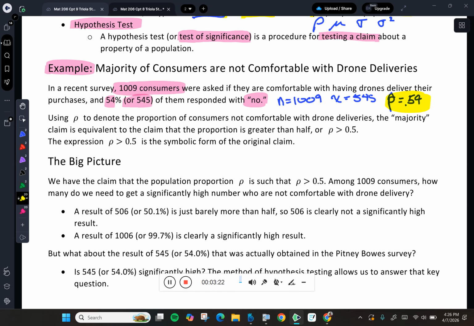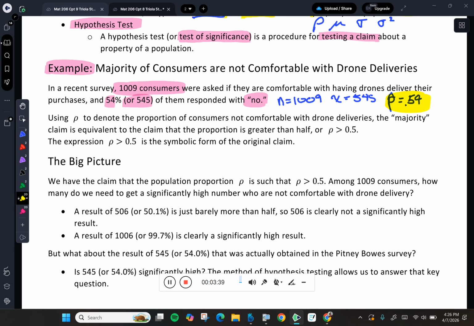But assuming that we did our sampling correctly, a simple random sample and all that business, the answer that we get if we ran this again should be pretty close to 54%, somewhere around there.